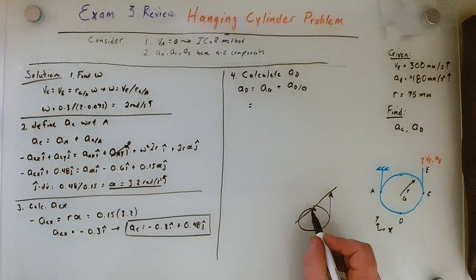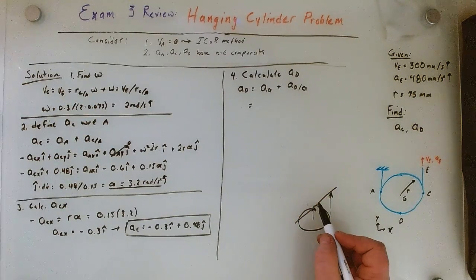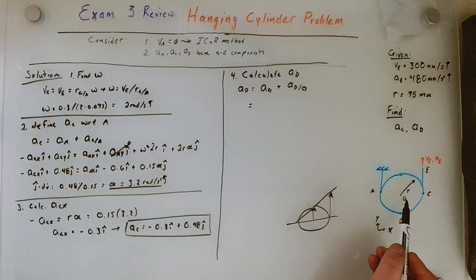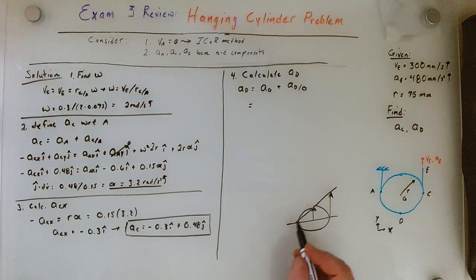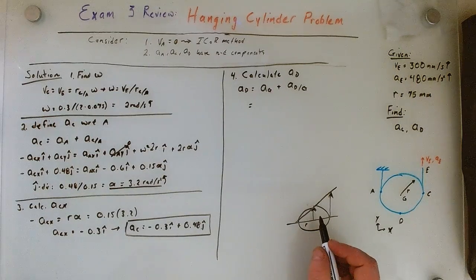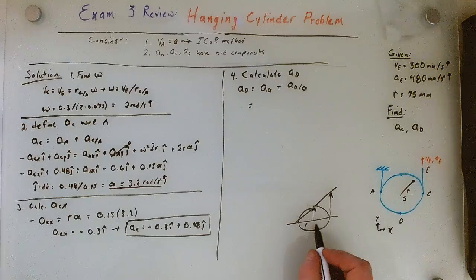There we go. There, and use this similarity idea to find the acceleration at G. Well, what is that? This is R, right? And then it is alpha.